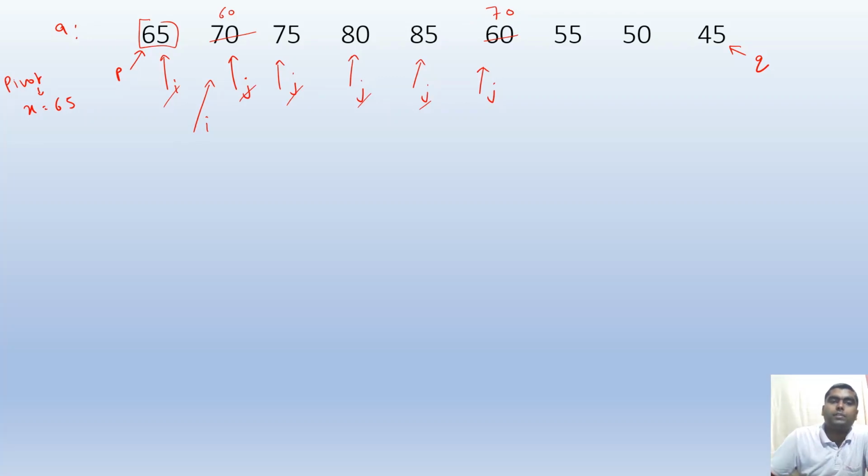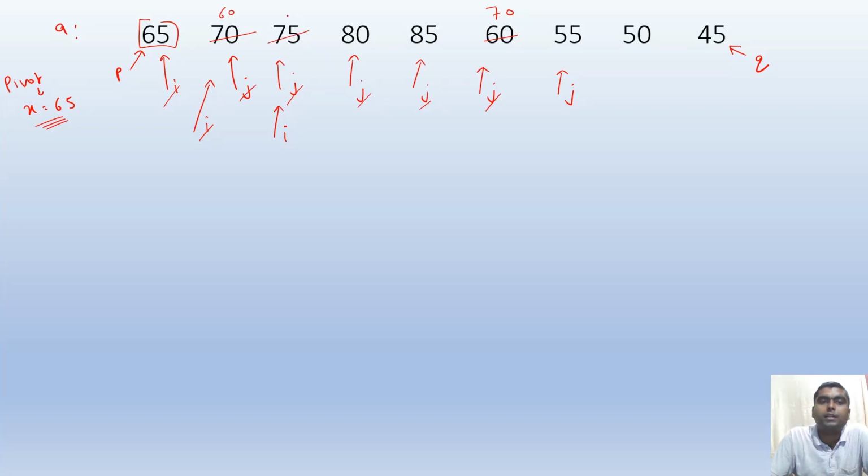Now after that just increase j again. A of j is 55, and 55 is less than x, so we are checking with the pivot element. Since it is less, i will be incremented, and A of i and A of j will be interchanged.